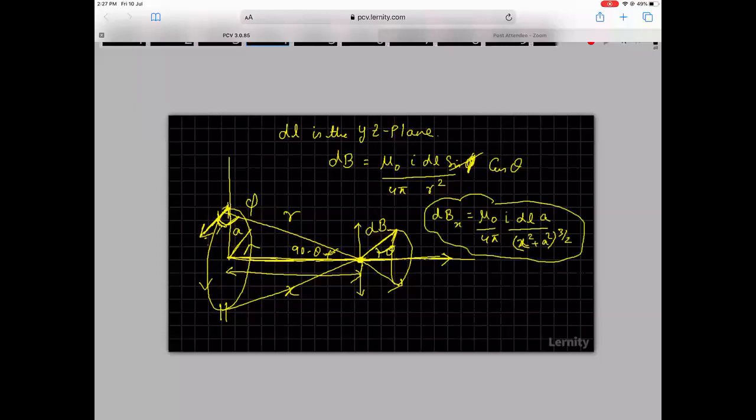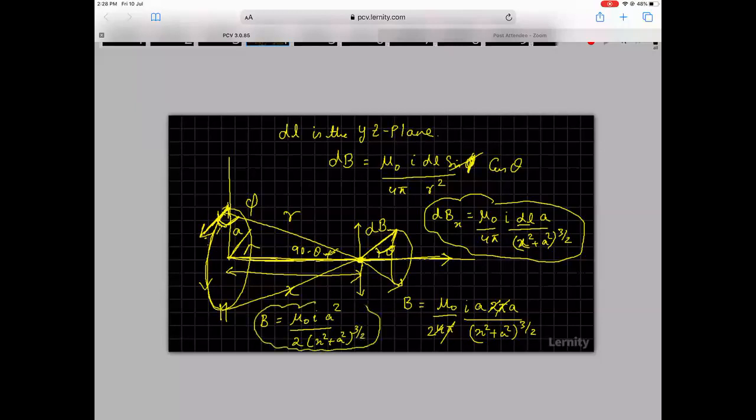The overall B will become mu naught by 4 pi I a times the integral of dl, and dl is the length, 2 pi a, because it is perpendicular and everything else is a constant, divided by (x square plus a square) power 3 upon 2. From here the pi gets cancelled, this will get 2, and you will get B is equal to mu naught I a square divided by 2 times (x square plus a square) power 3 by 2. So this is the final expression.